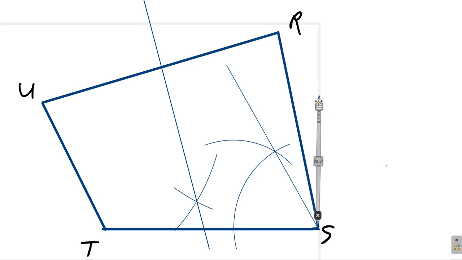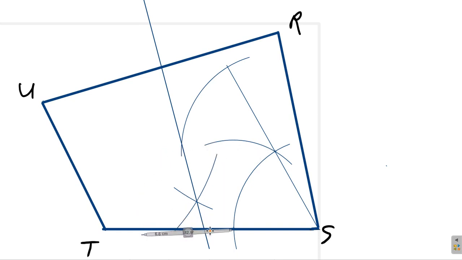Compass point here, at this intersection of the two arcs. Okay, good.